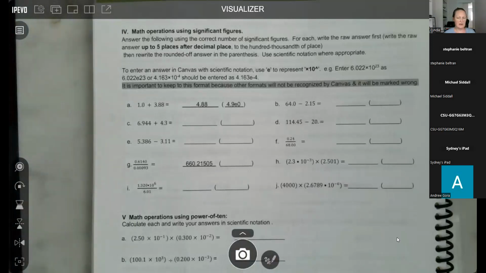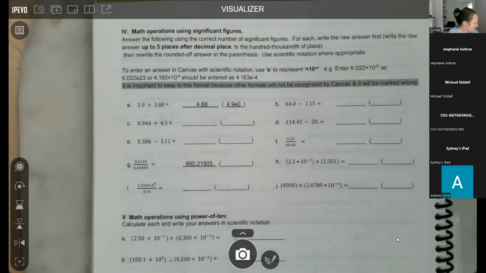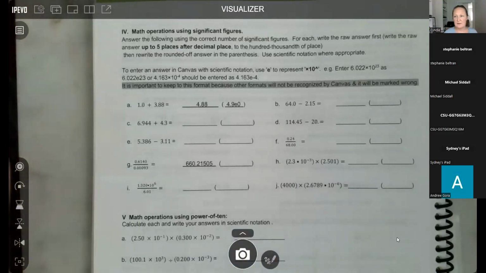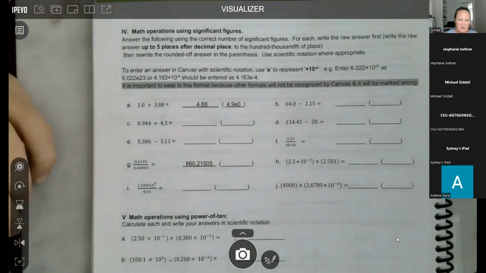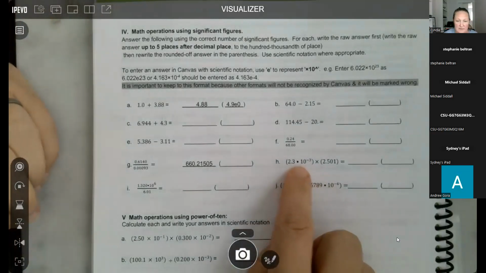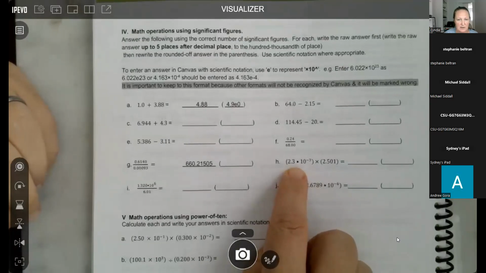I have a couple of different calculators here, but I don't have every type of calculator in the whole world. But you need to know how to do this sort of scientific notation in your calculator. That's going to be super important, that you know how to put this in properly into your calculator.